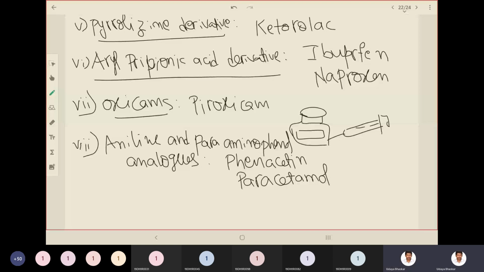And the last category, and our happy moment of ending the class comes nearer by knowing this last category, that is pyrazolidine diones.